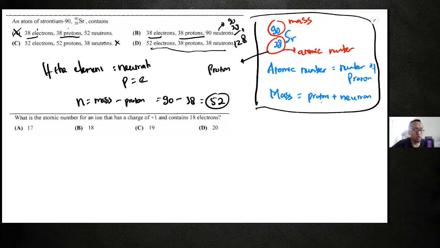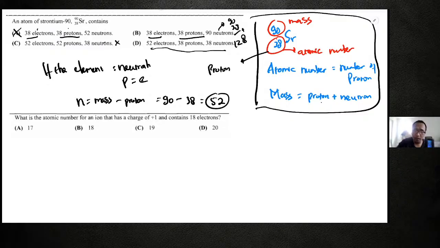Moving to another question, where we are still using a similar concept but with a different type of equation. What is the atomic number for an ion that has a charge of +1 and contains 18 electrons?